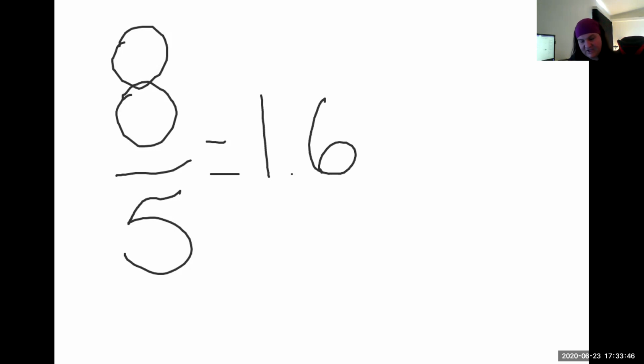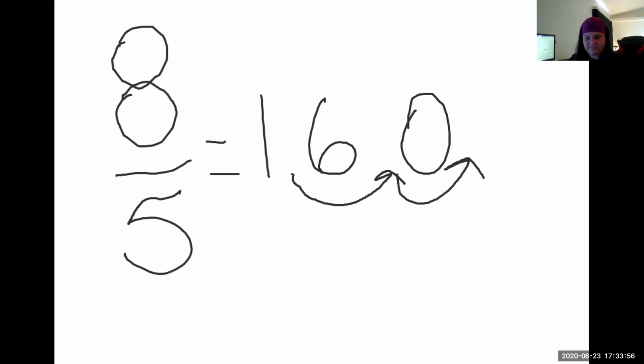So we have to change this decimal to a percentage, and we do that, again, by moving our decimal to the right. 160%, is that up there? Yeah, it is. It's option B. B is the correct answer.